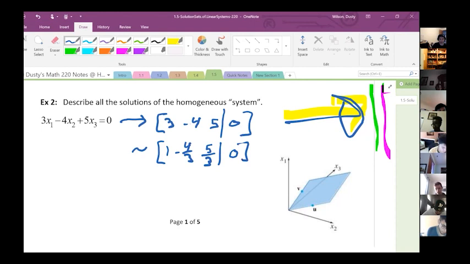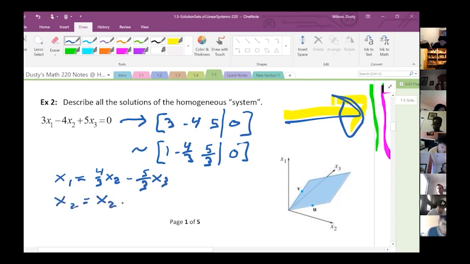And so what does this mean? This is telling us that x1 is equal to 4 over 3 x2 minus 5 over 3 x3. x2 equals x2, it's free, and x3 is also free.